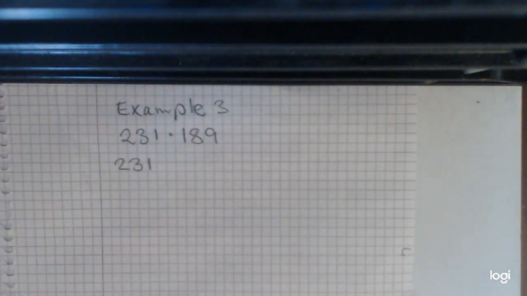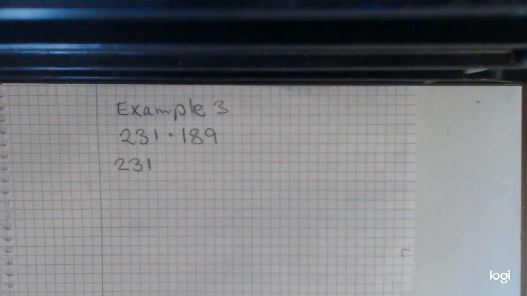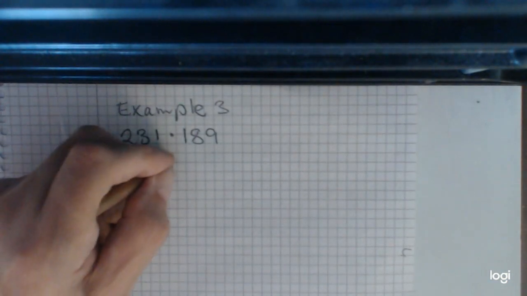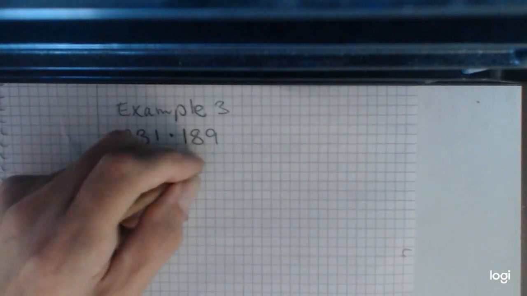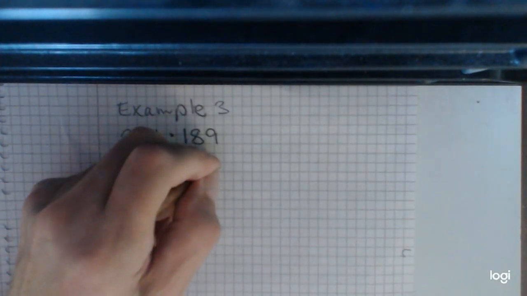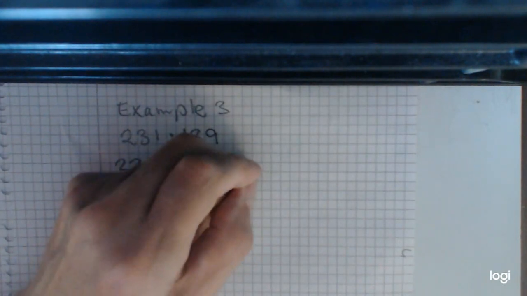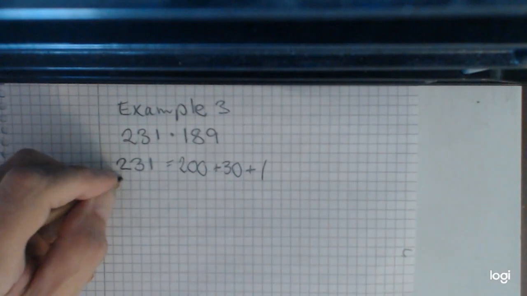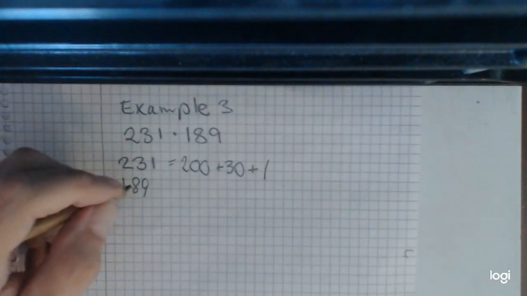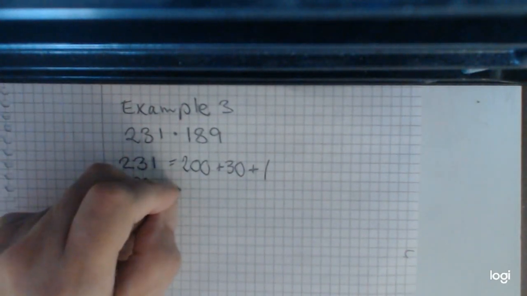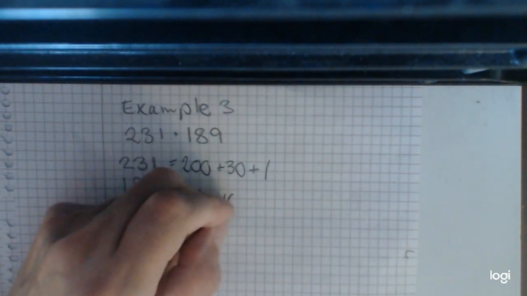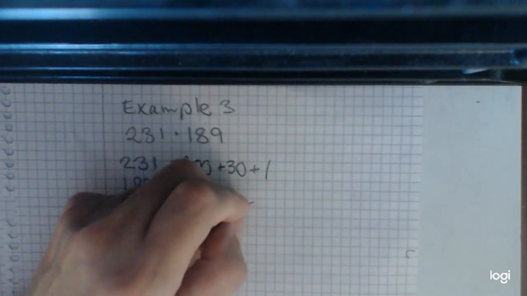Last example, 231 times 189. So you rewrite 231, that is 200 plus 30 plus 1. 189 is 200 minus 10 minus 1.